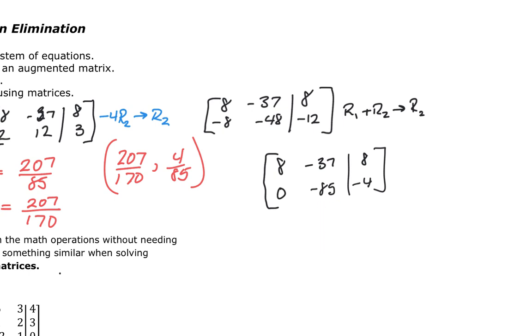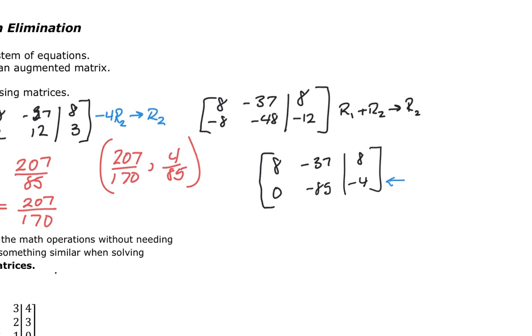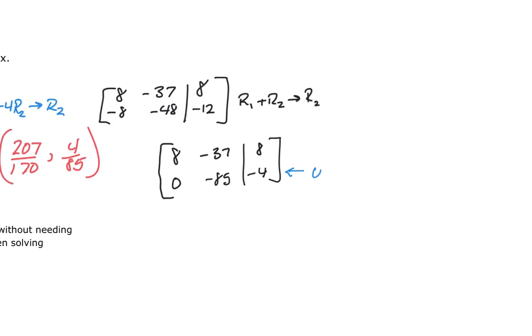Then what this allows me to do is I can take this last row, and what I have is 0 times the x, which is what we got when we added the two equations, minus 85y is equal to the negative 4. Now, we don't typically write 0 times x, so I'm not going to. And this last row allows me to solve for y.